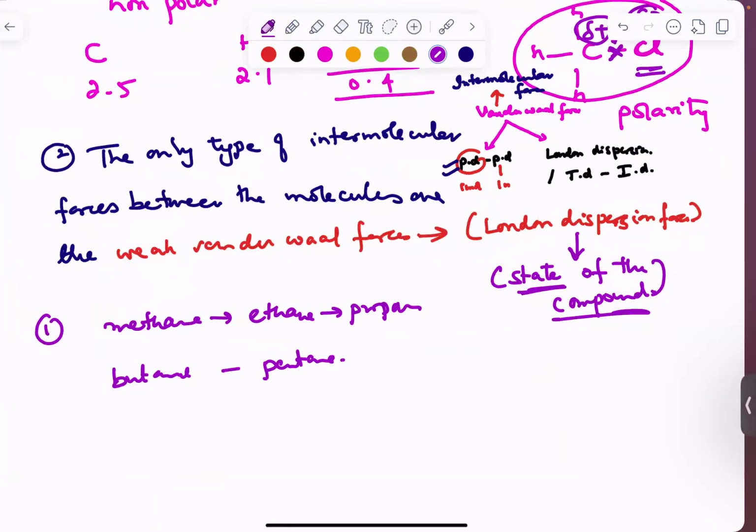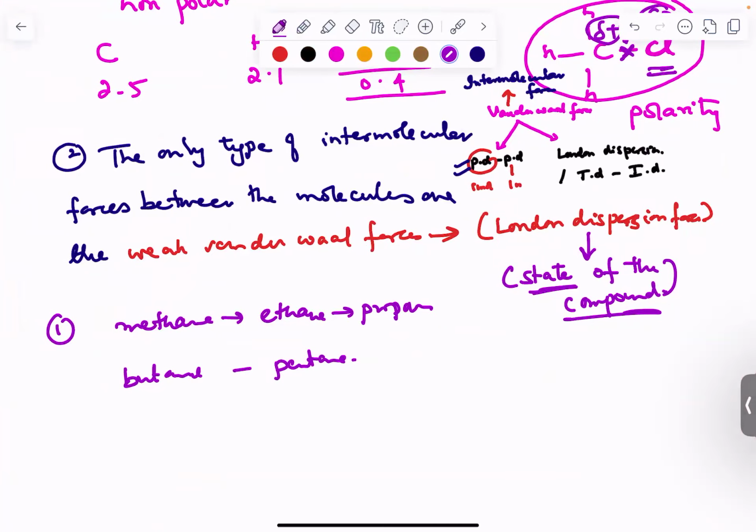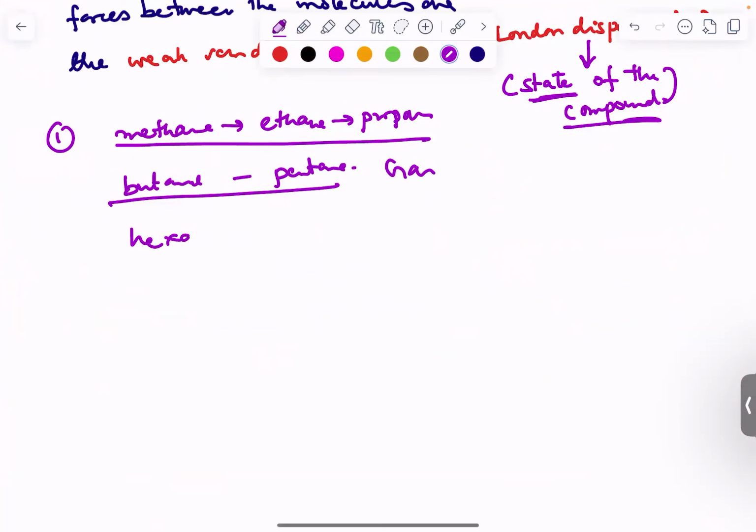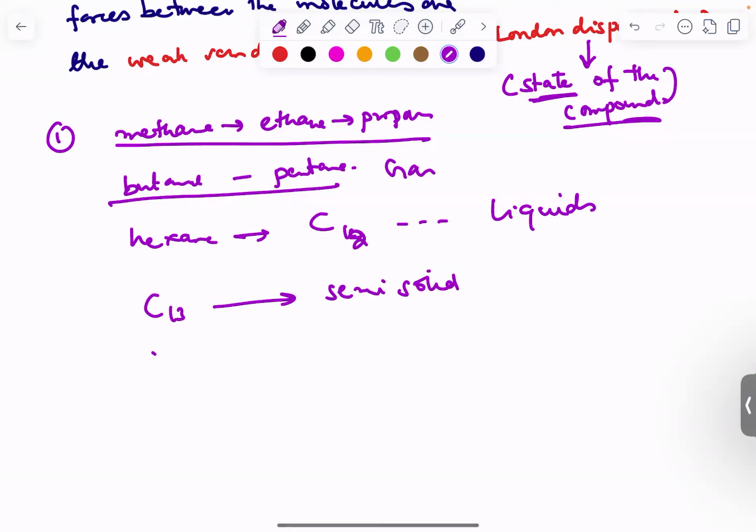Till butane or somewhat pentane, these are gases. From hexane onwards till C12, we have liquids. From C13, semi-solid would start, and from C15 or C16, we have proper solids.